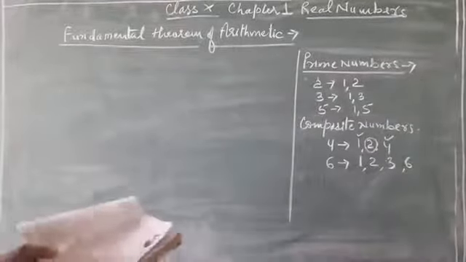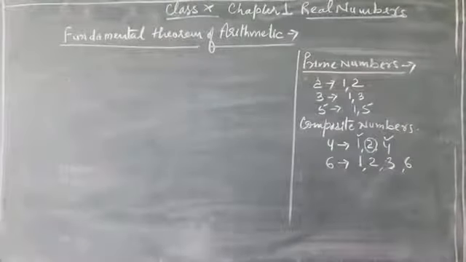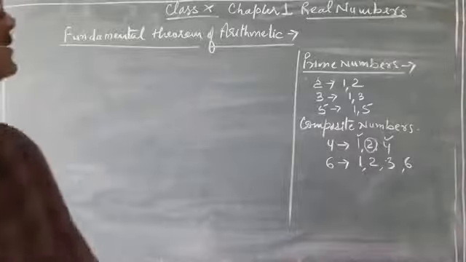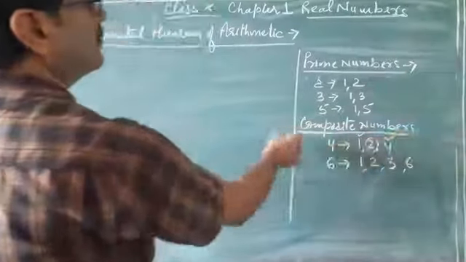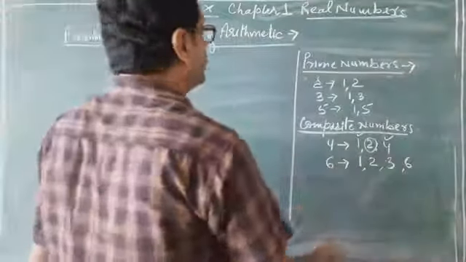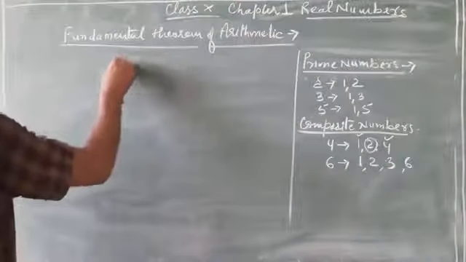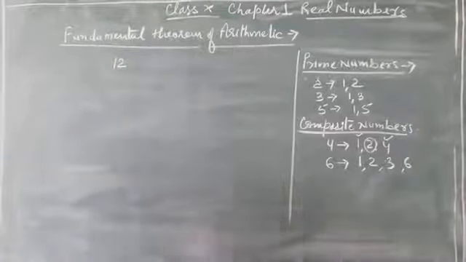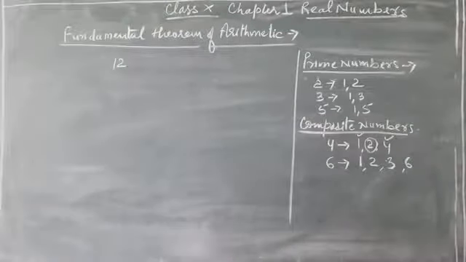So this fundamental theorem depends upon composite numbers. Means this fundamental theorem is based on composite numbers. So suppose we take 12 and find its prime factors.